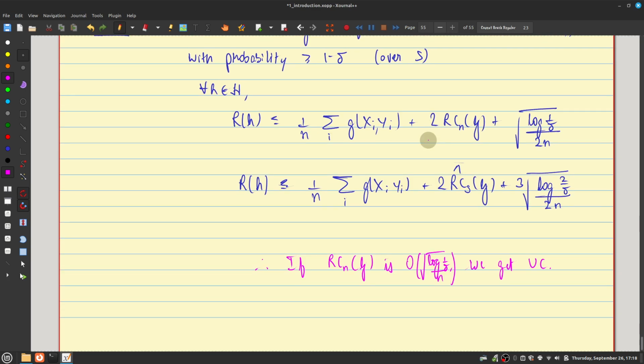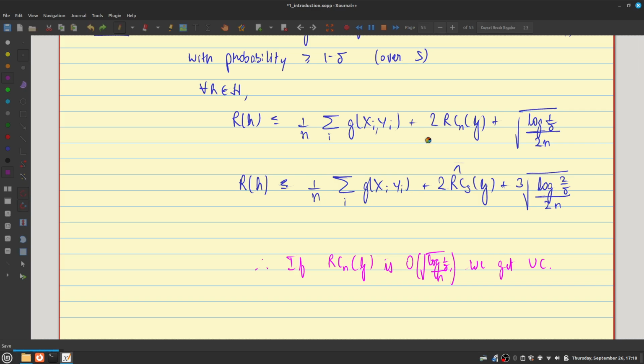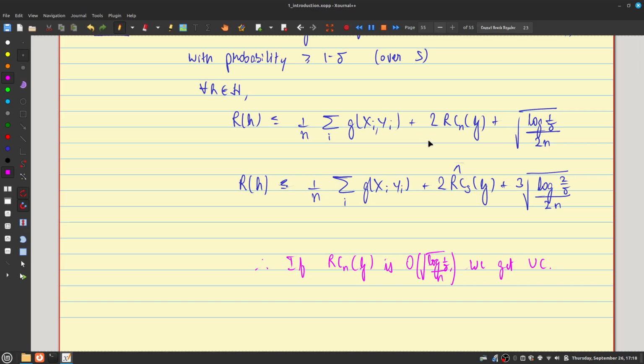Then it is PAC-learnable, yes. So this gives a direct connection between the Rademacher complexity and uniform convergence, and hence PAC-learnability.